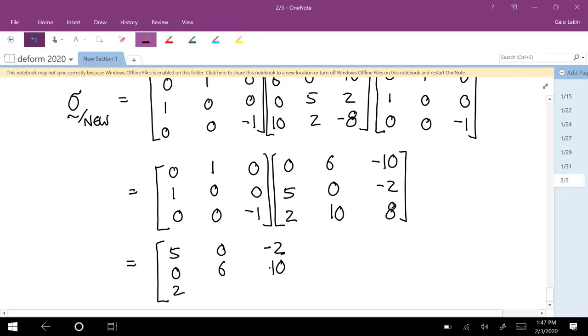Yes, negative 10. But either that 2 should be 0. Here? Okay. And then negative 10, and then negative 8.